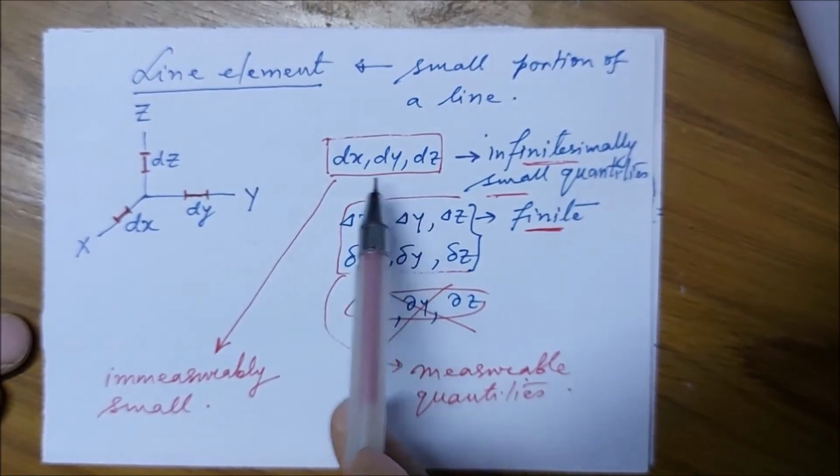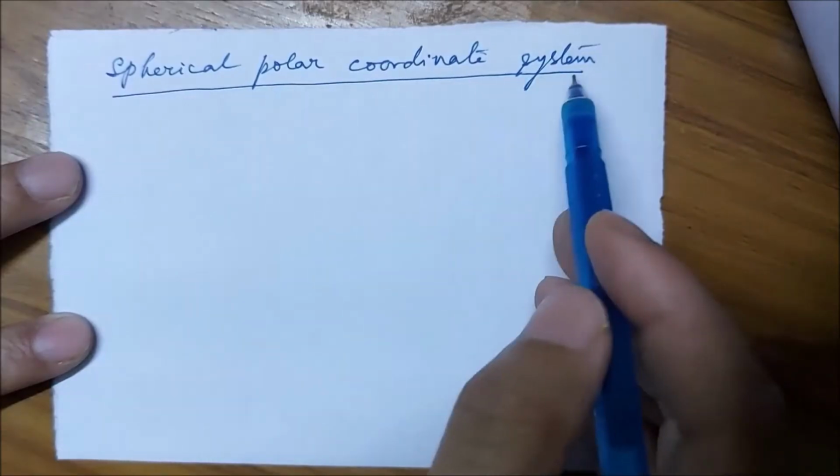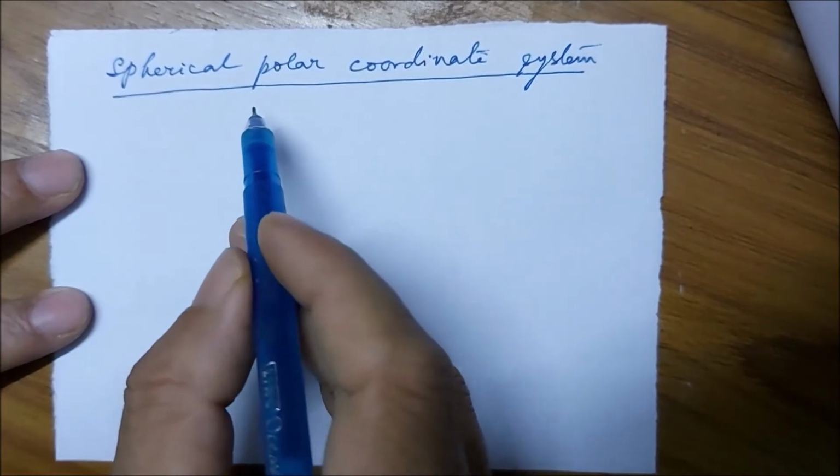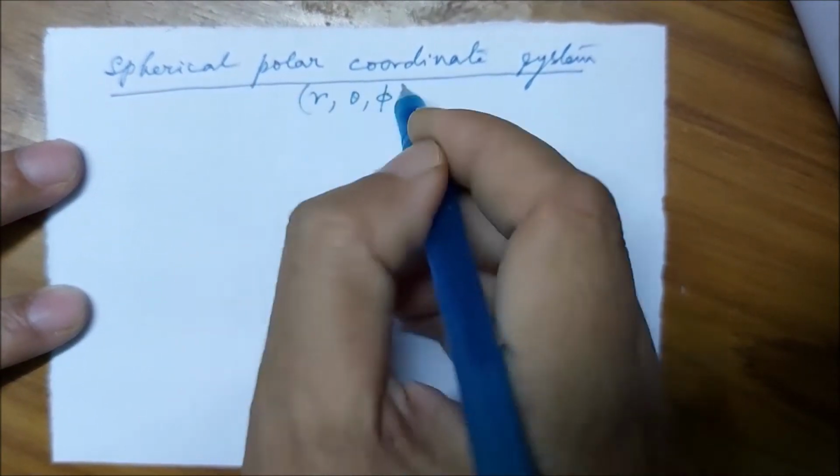We will now denote the line element of the spherical polar coordinate system. In the spherical polar coordinate system, the coordinates are r, theta and phi.